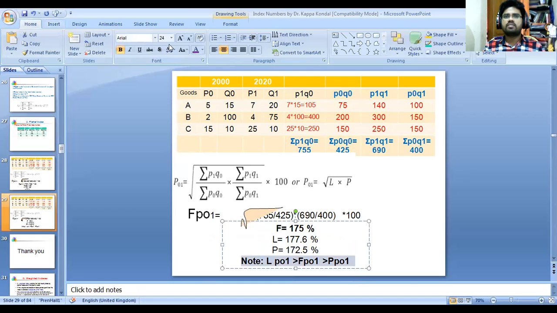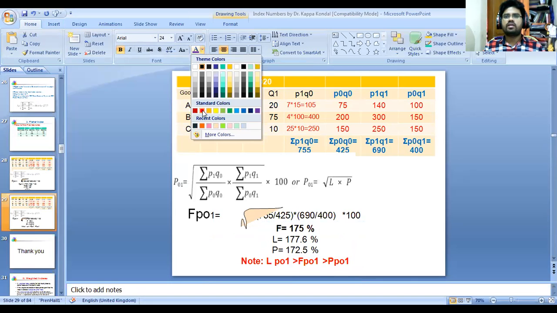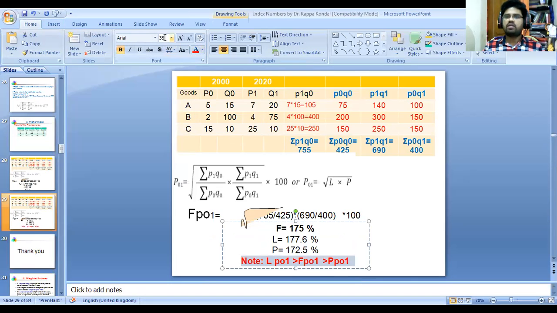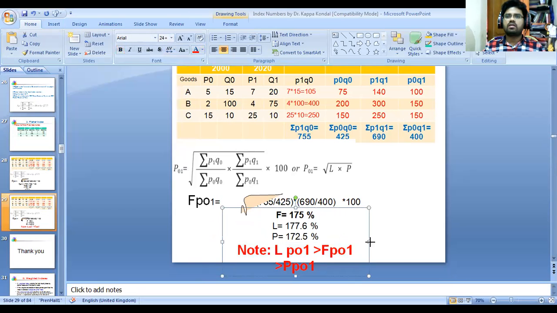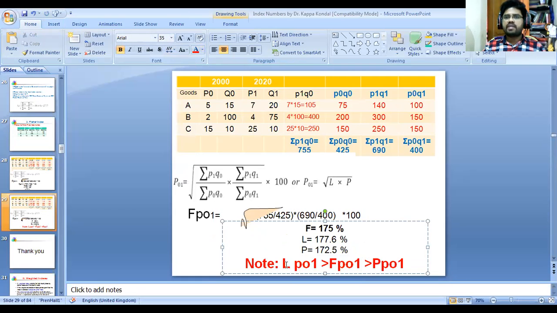They will ask this question in the examination, also in other exams. Here, the Laspeyres price index value is 177.6, which is higher than the Fisher index number, and the Fisher index number is higher than the Paasche. That's why the Fisher index number is an ideal index number, because it gives the average value of both. Not average, we can say exact, not average.